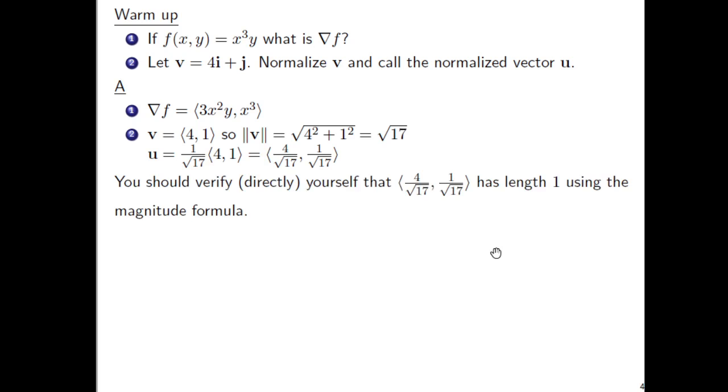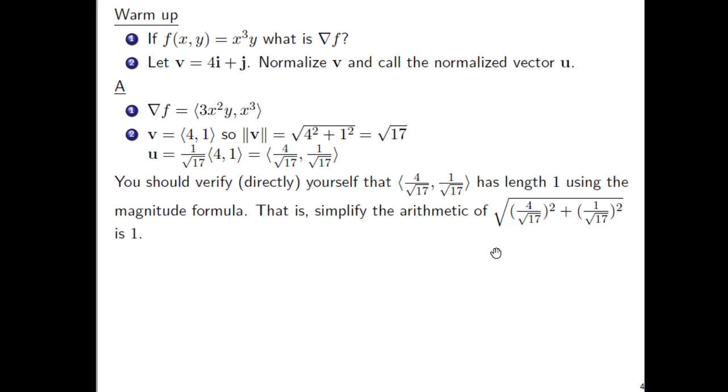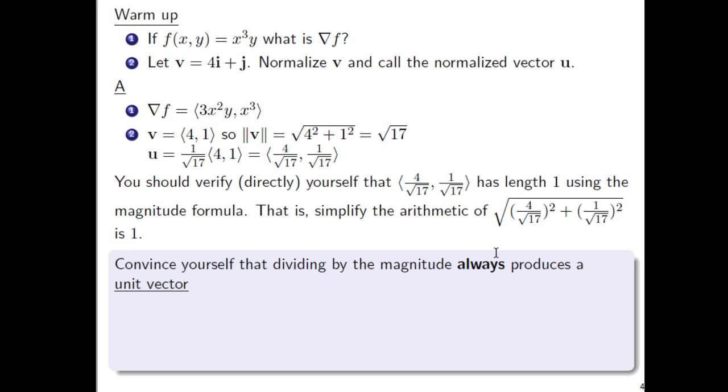Now, just as a reminder, if you're still concerned that this is working correctly, you should verify directly that this vector 4 over root 17 comma 1 over root 17 has magnitude 1 using the formula. That is, if you simplify the arithmetic here, you should get a 1. The point is to convince yourself that dividing by the magnitude always produces a unit vector.